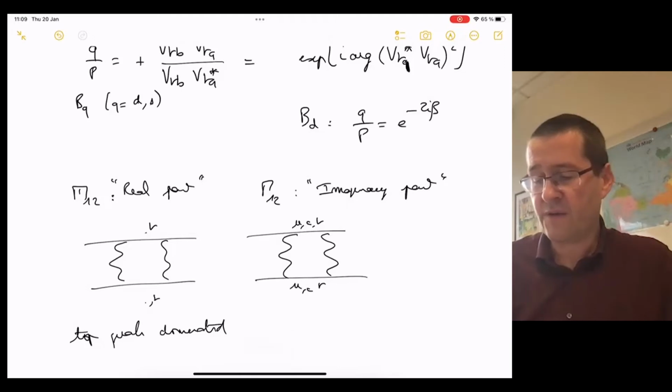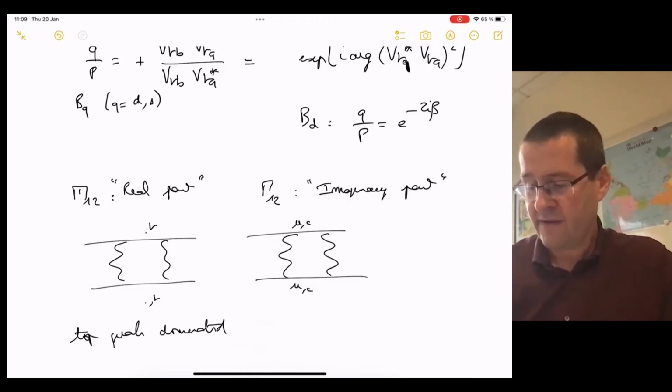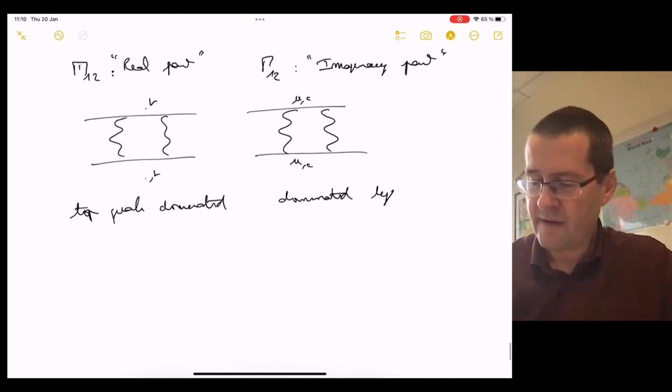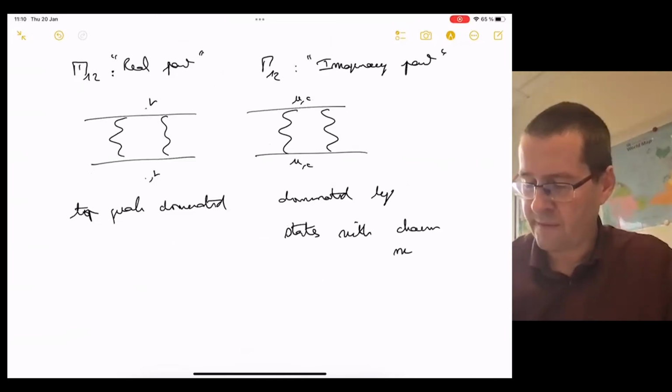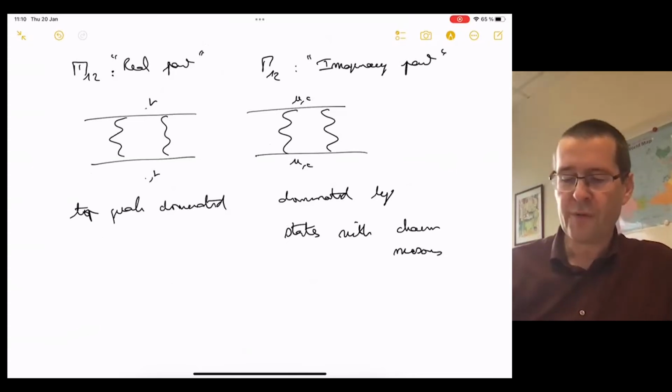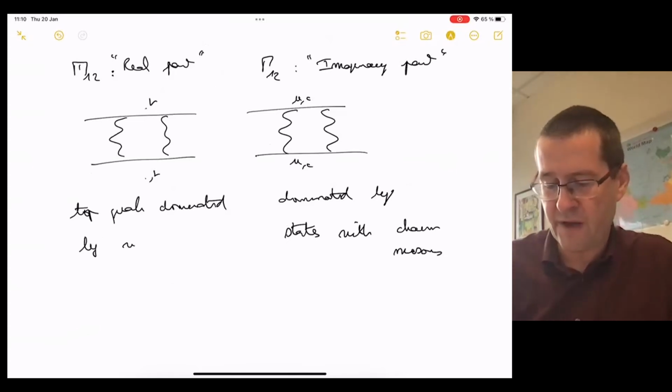And so that means that for those ones, it's dominated by states with charm mesons. Whereas for top quark, it's dominated by virtual intermediate states.